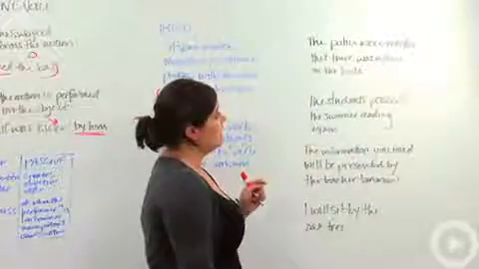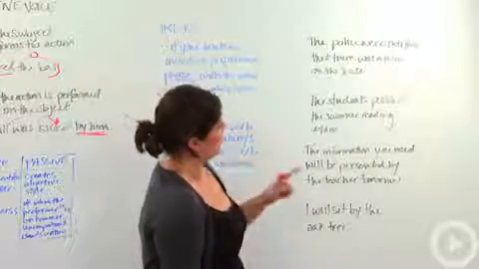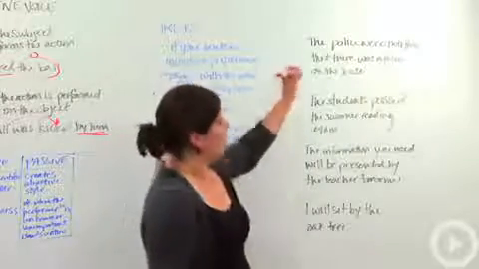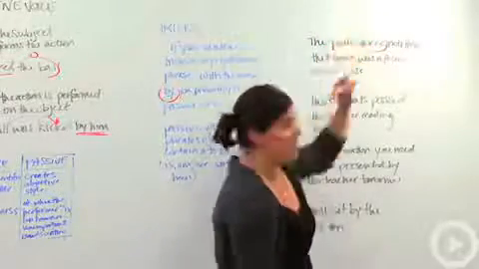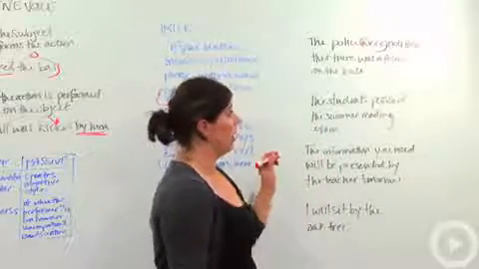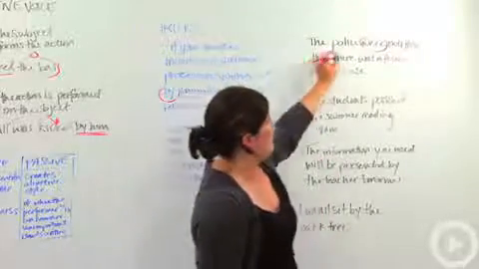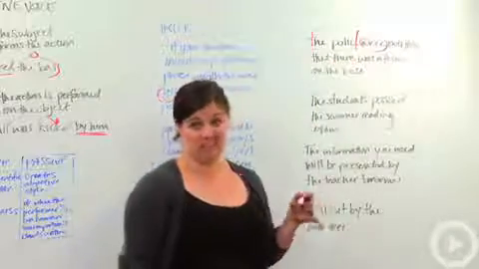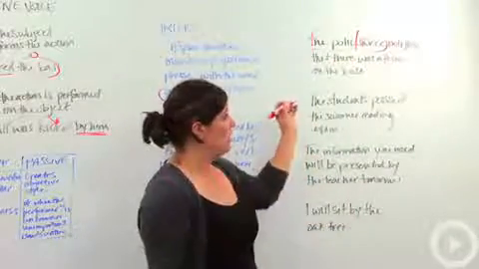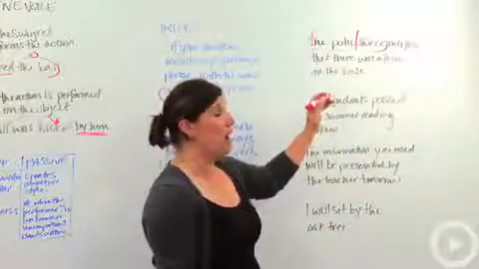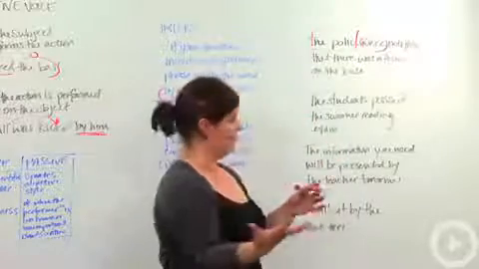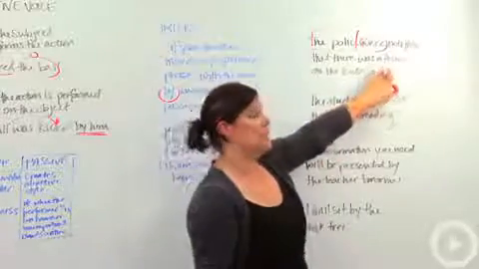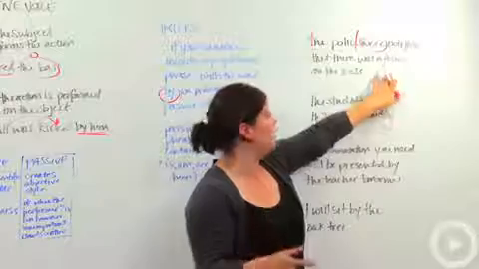All right, the police were notified that there was a felon on the loose. All right, so we see this were, and that's our first clue that we actually are in passive voice, right? The police aren't actually performing any action there. We know that they were being notified, and they probably were being notified by somebody. So we've got passive voice, but this is an example of when it's okay.